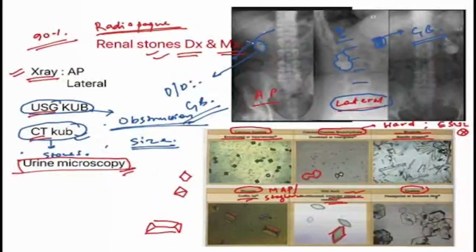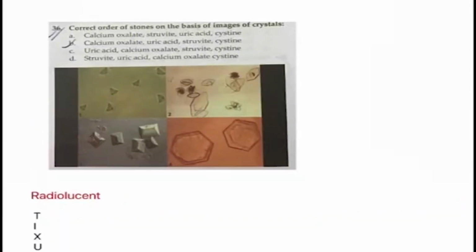And the last one are the cystine stones, which are hexagonal or benzene ring like stones. So when we look at this picture, the first one is bipyramidal, these are the calcium oxalate stones. Then multifaceted stones are the uric acid stones. This is the coffin lid like struvite stone and cystine stones.